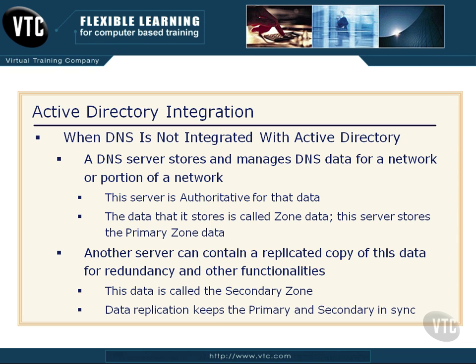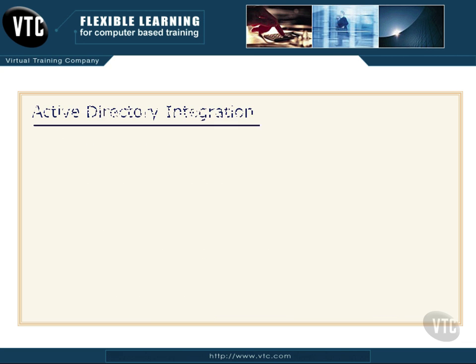So lots of things we can do with that. I won't go into it right now. So you have a primary and a secondary zone out there. We replicate from the primary to the secondary to keep everybody in sync. And as you can imagine, replication can become a problem on the network.